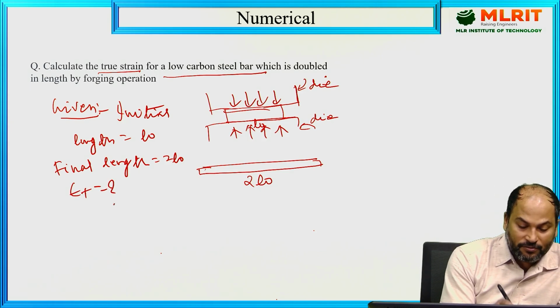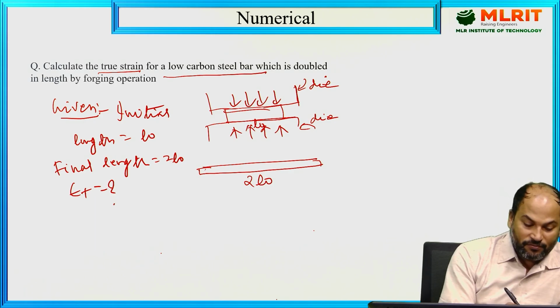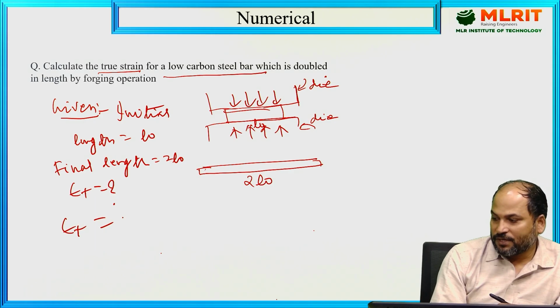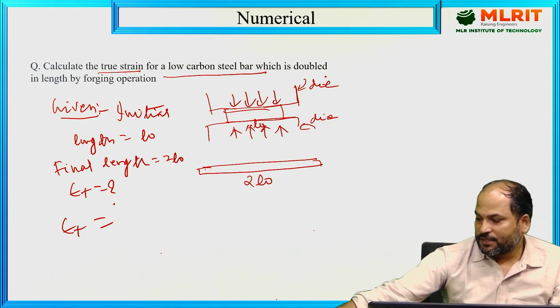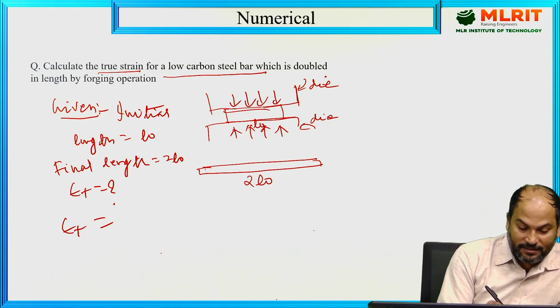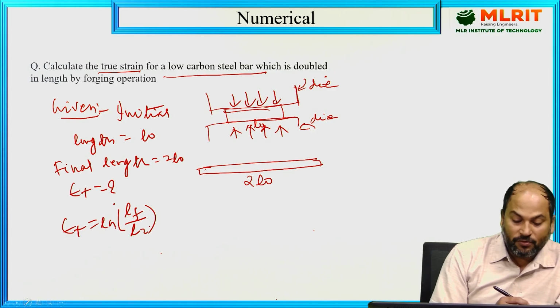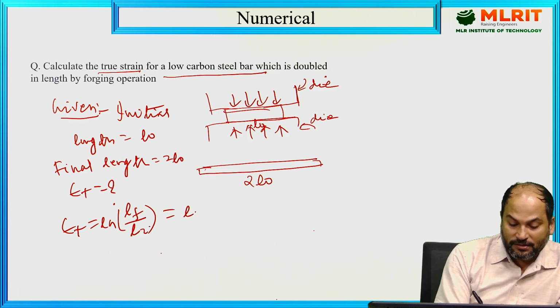This is the question. So we know the formula. True strain is equal to, the formula is, ln of final length LF upon LI. Now this is ln, natural logarithm.